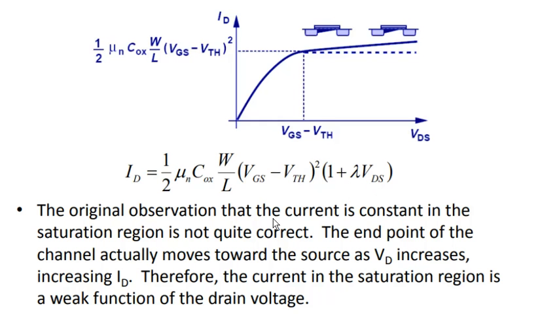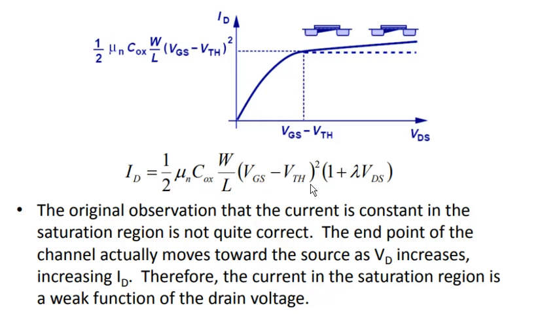So the original observation that the current is constant in saturation is not quite correct. The end point of the channel actually moves towards the source as VD increases, increasing ID. Therefore, the current in the saturation region is a weak function of the drain voltage. For an ideal MOSFET, the current equation at saturation is ID equals half mu n COX W by L, VGS minus VTH whole square only.